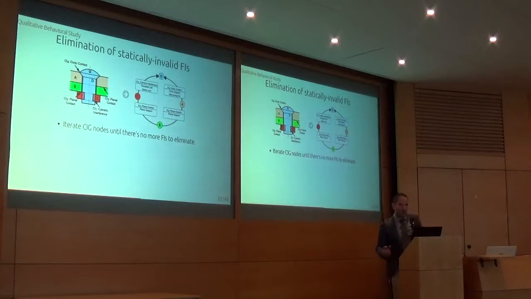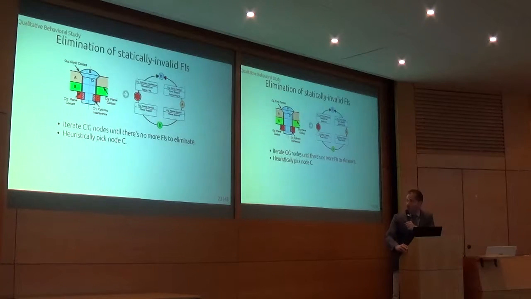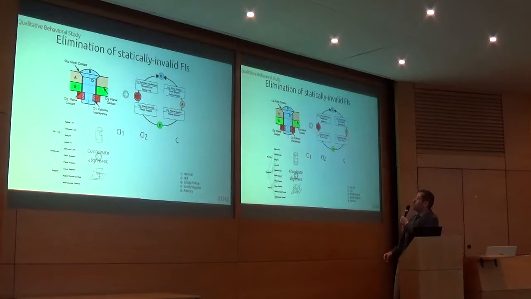Each time, we pick a component heuristically. We use heuristics to enable the fast convergence of our algorithm. Once a component is picked, in this case the red component C, we browse all possible solutions of this given component.